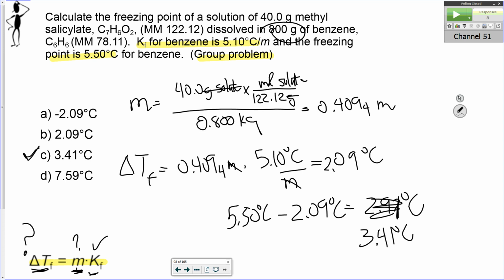I know one of them. I've got to find the other. So molal is equal to the moles of solute divided by the kilograms of the solvent.